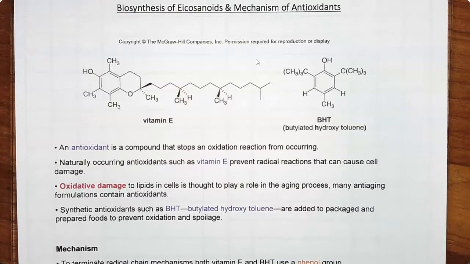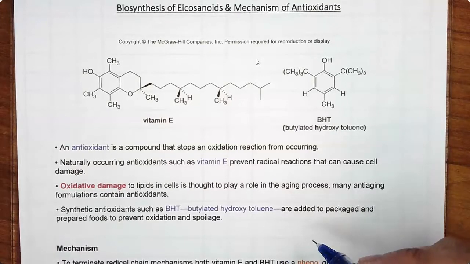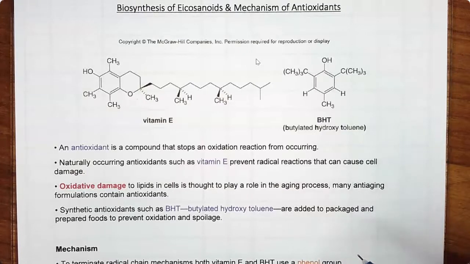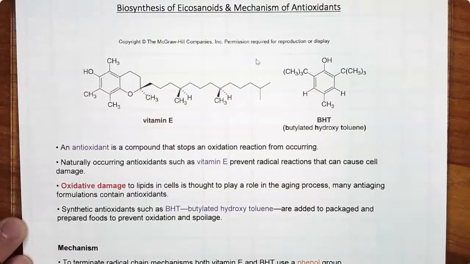BHT is a synthetic antioxidant called butylated hydroxytoluene. You'll see that as an ingredient in bread, and it prevents spoilage. The mechanism is pretty easy.